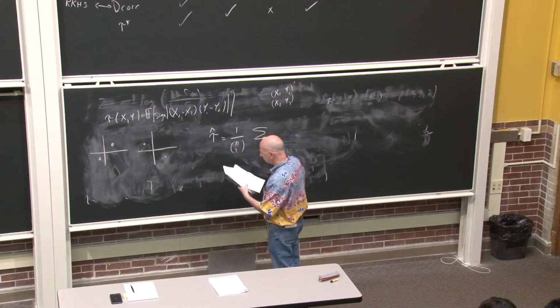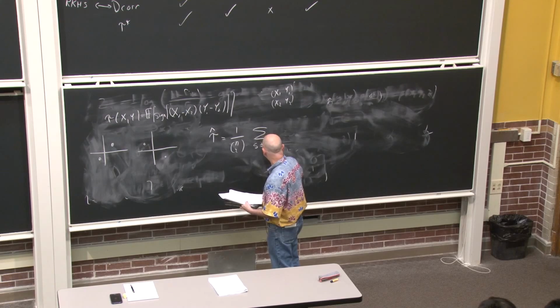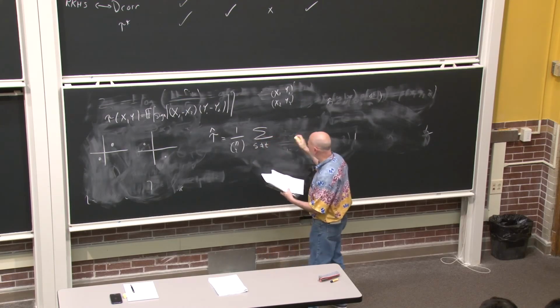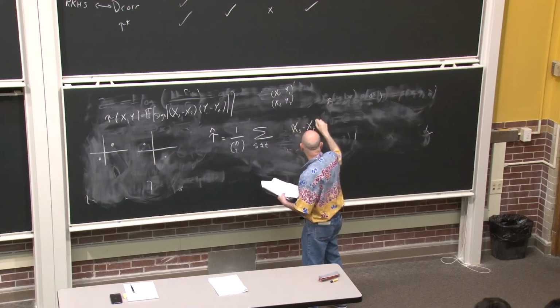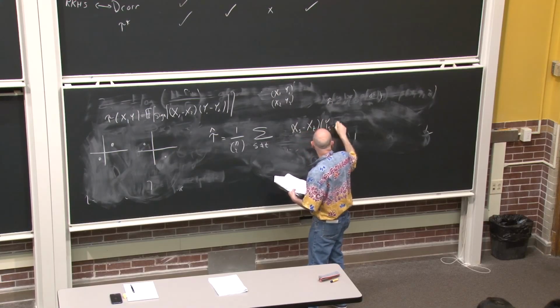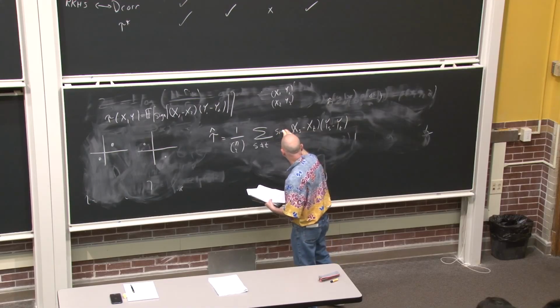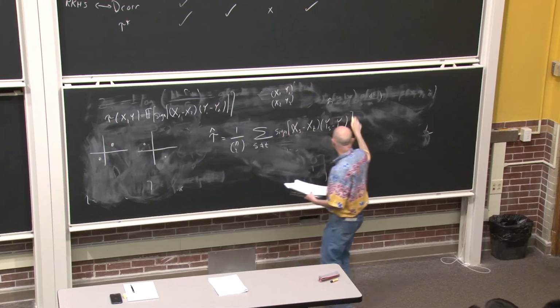And now we're summing over all s not equal to t, all distinct pairs of data, and we just take the sign of x of s minus x of t, y of s minus y of t, and we take that average.